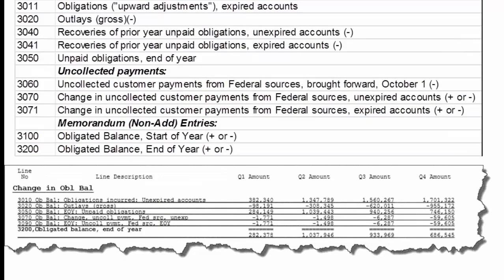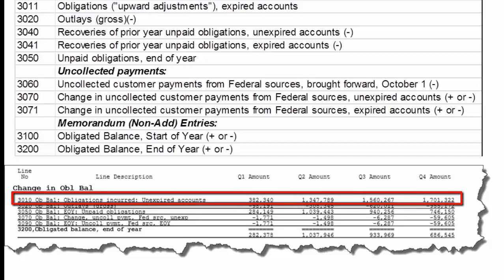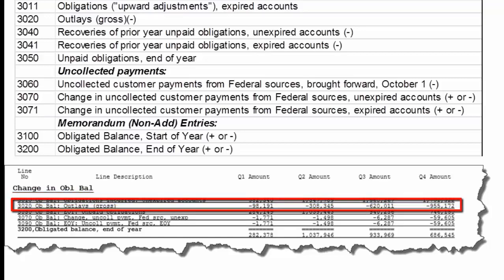In this ACL example from year 1 of the FY 2014 account, we note that there is no line 3000, no unpaid obligations at the start of the year. This makes sense. The SF133 tells us that during fiscal year 2014, $1.7 billion was obligated, of which $955.2 million was outlaid.